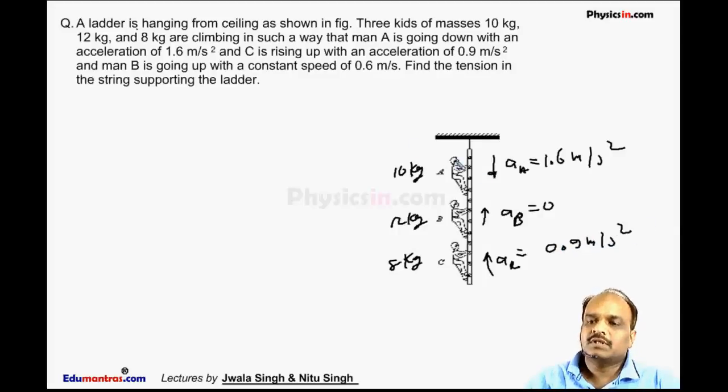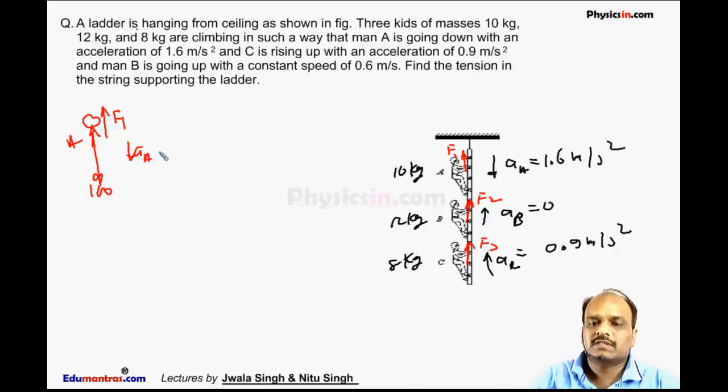Now suppose this kid A exerts a force F1 here on this ladder, this kid B exerts a force F2, and this kid C exerts a force F3. So if we draw the free body diagram of this kid A, then the force here is F1, the weight of this kid is acting downward, that is 100 Newton, and he is going downward with an acceleration a.